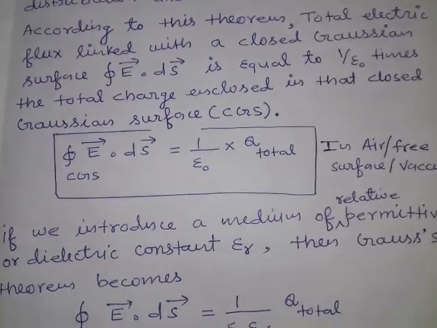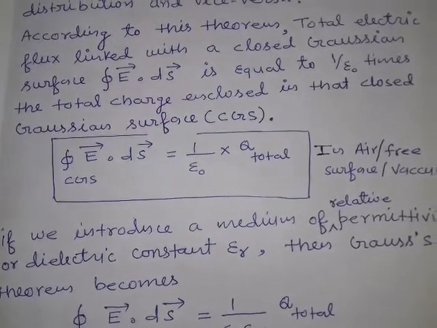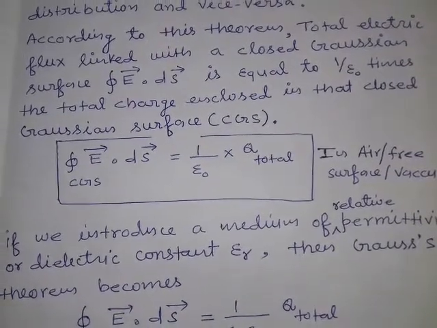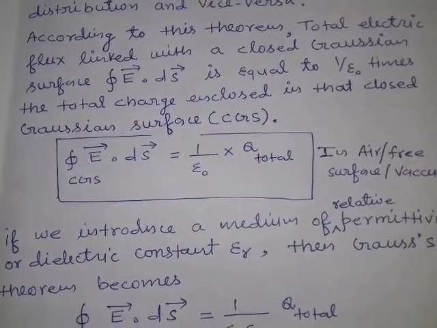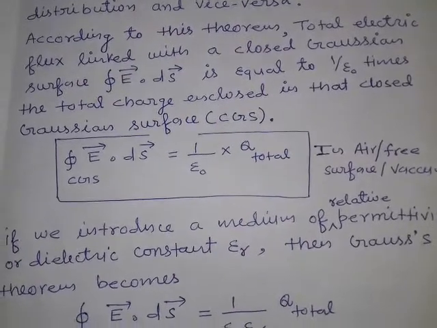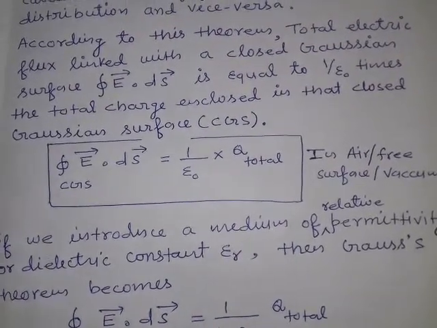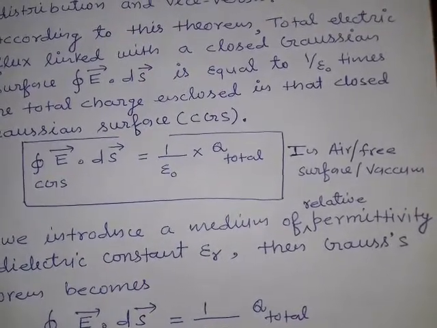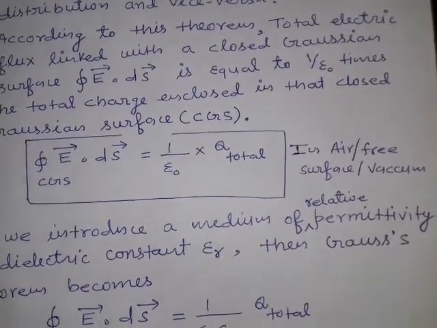Mathematically, integration over closed Gaussian surface E dot ds is equal to 1 upon epsilon naught into total charge enclosed in the Gaussian surface. This is the mathematical expression for Gaussian surface in air, free space or vacuum.